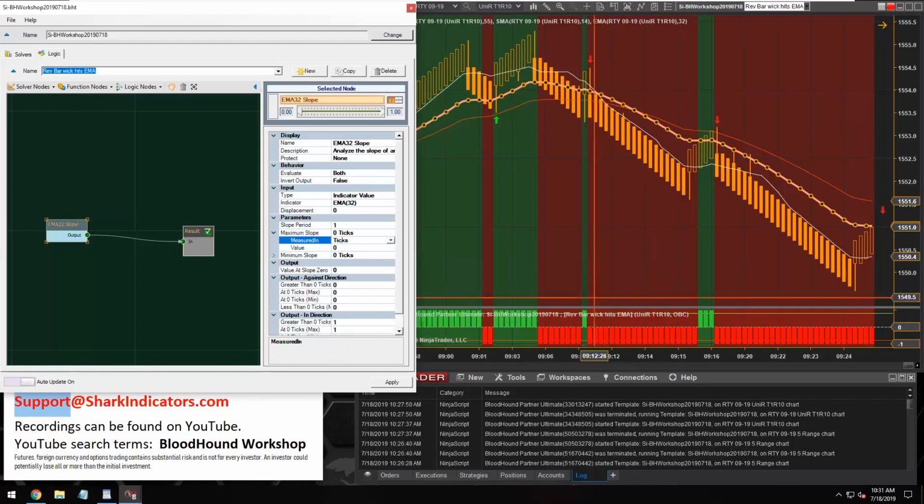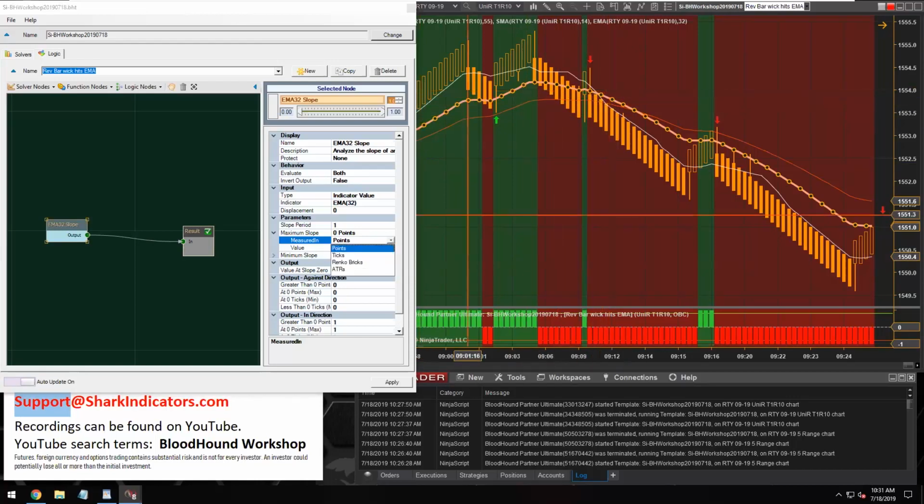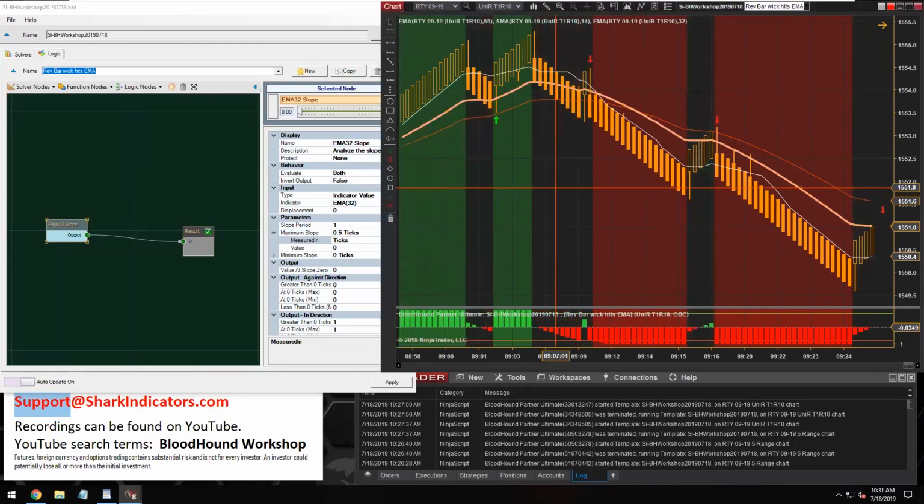Now, if you're dealing with something like the stochastics or the MACD, which is on its own sub-panel, then you want to use points. So indicators that run on their own sub-panel, you want to use points. But for moving averages on the price panel, you want to use ticks. So let's start off. I usually start off with half a tick, something like that.